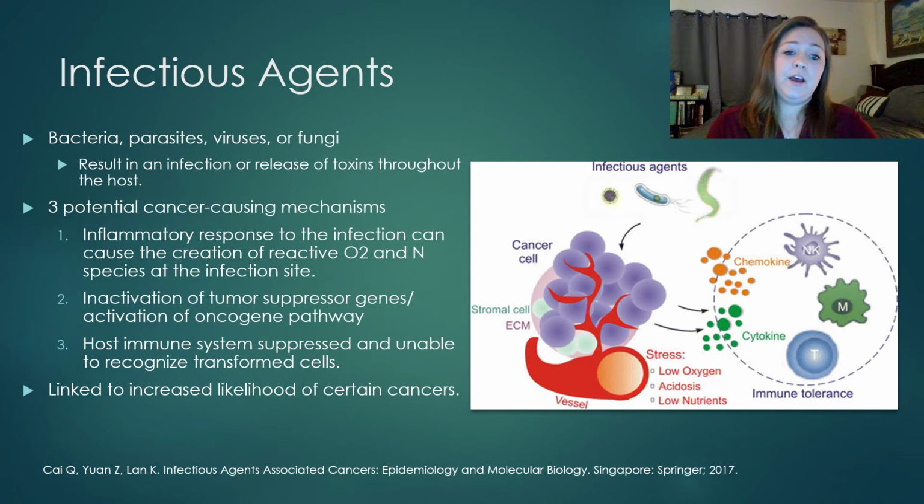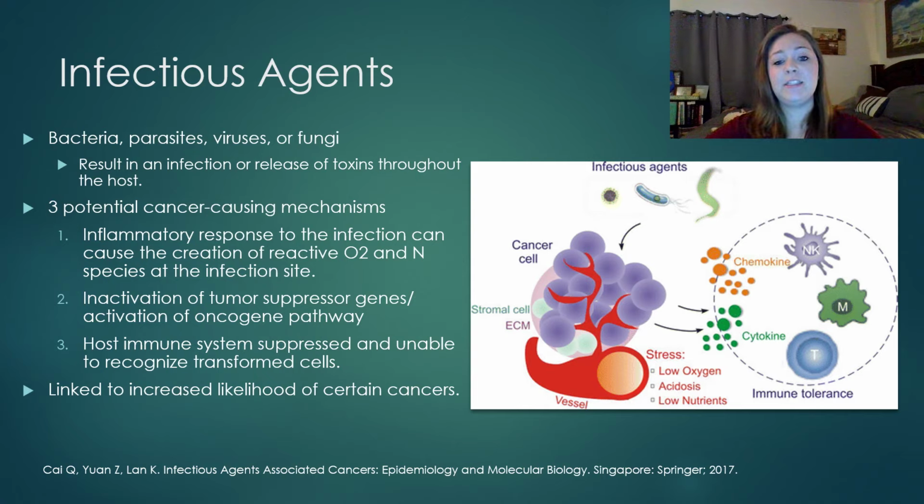The presence of these reactive nitrogen and oxygen species can actually cause oxidative stress and begin to damage the surrounding cells and the DNA and the membrane proteins around that area. The high free radical environment that this creates increases the probability of genetic mutations and then the eventual proliferation of these mutations and eventually or potentially cancer.